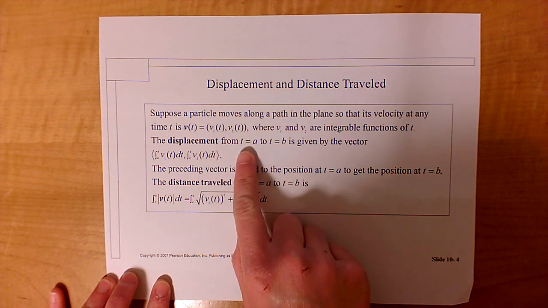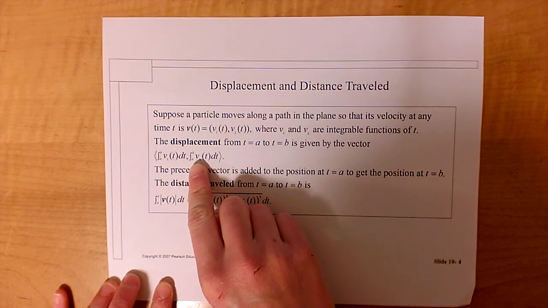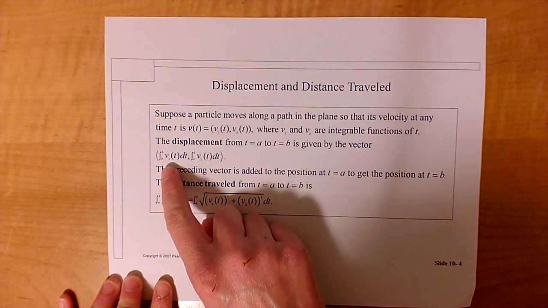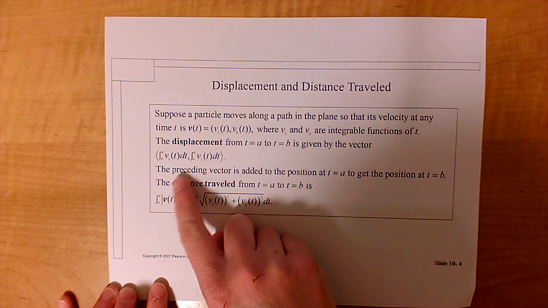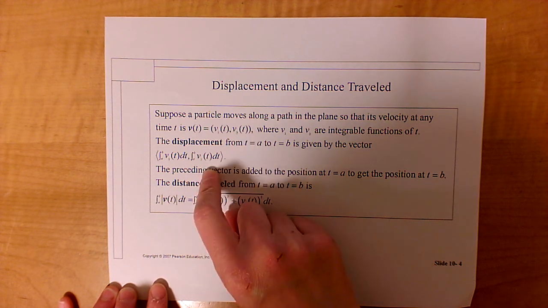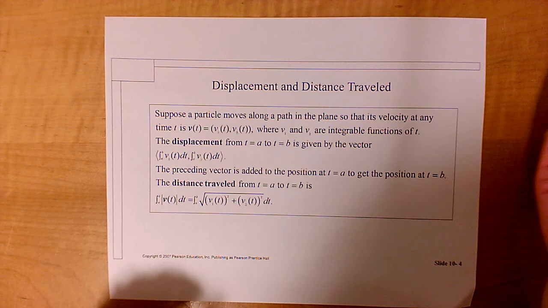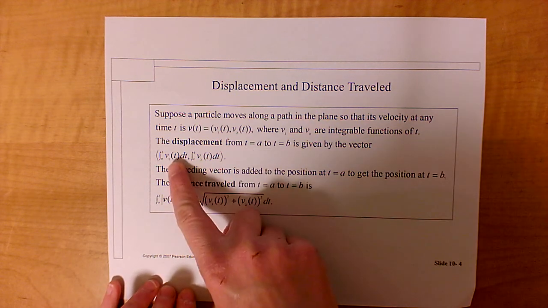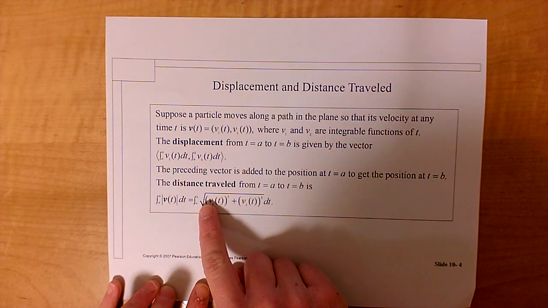The displacement from the initial time to the final time is going to be given by this vector here, where the first component is the integral of the first component of your velocity function, and the second component is the integral of the second component of the velocity function. That makes sense. We know displacement is the integral of our velocity function, so our displacement vector is the integral of those components.